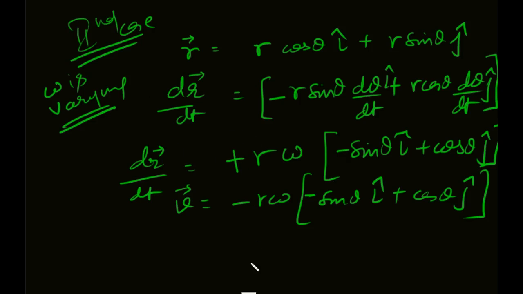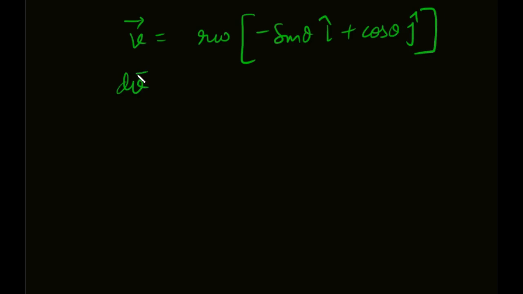Sorry. This is also positive. Now, V was r omega times minus sine theta i plus cos theta j. We have to differentiate this again.